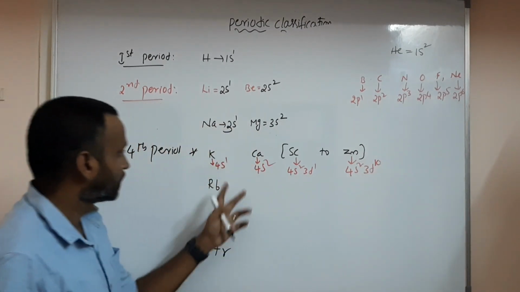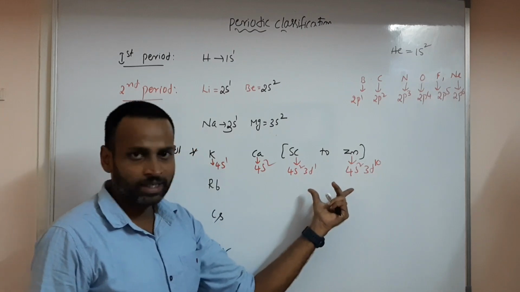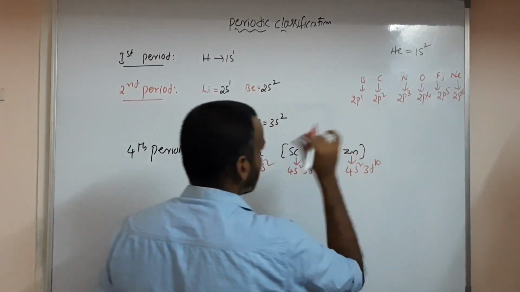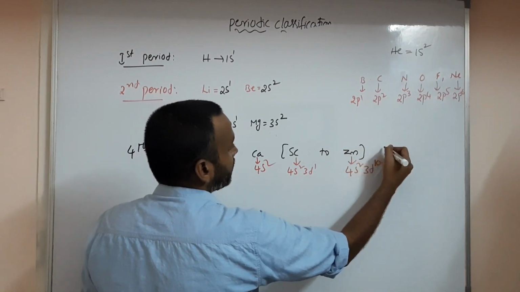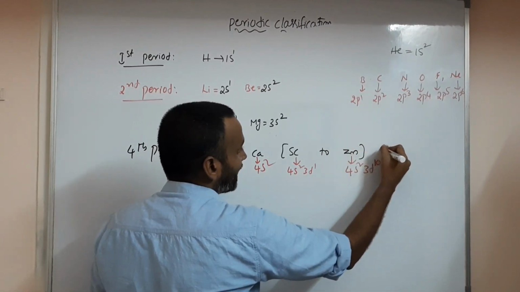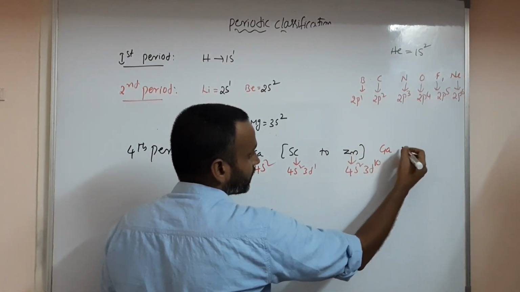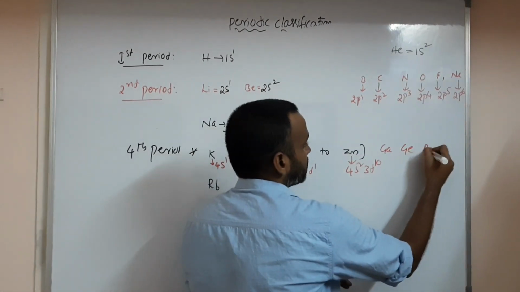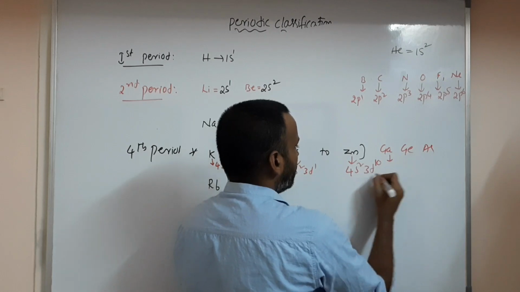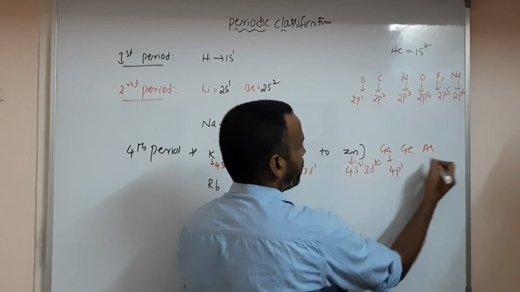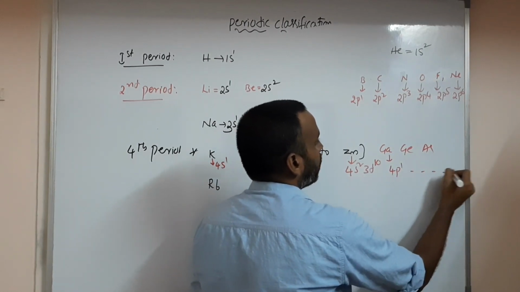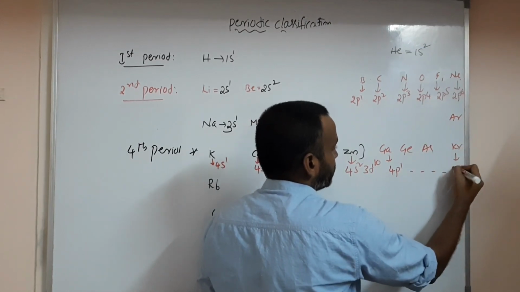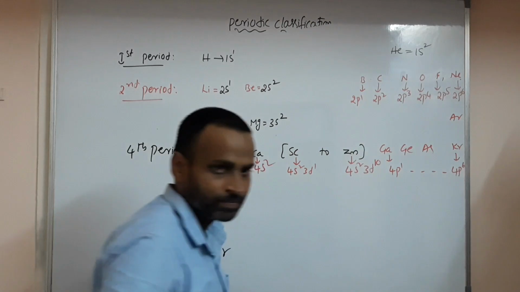So here 2, here 10, 2 plus 10, 12. After this come boron, aluminium, gallium, indium, germanium, nitrogen, phosphorus, arsenic, with again 4p1 to 4p6. Neon, argon and krypton end at 4p6.